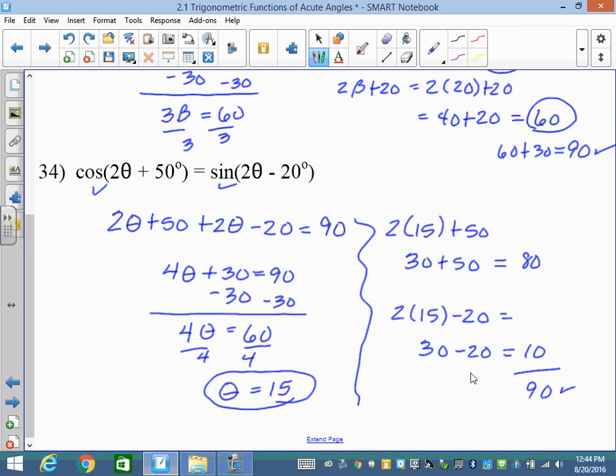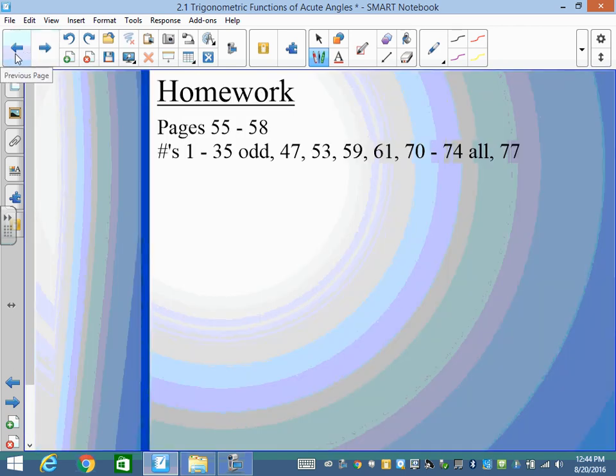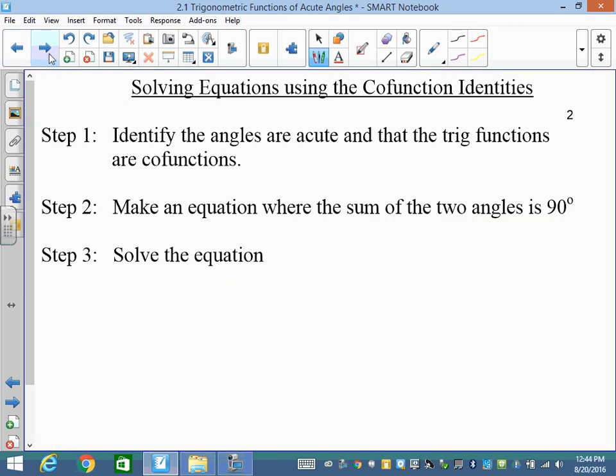So again, we can rewrite it as cosine of 80 equals sine of 10. I'm going to put this up here, the 2 theta plus 50, and on this one, this was 2 theta minus 20. Okay, and this is, I believe, the end of this. There's the homework that you should have already started on because it would have been listed under the part 1 video.